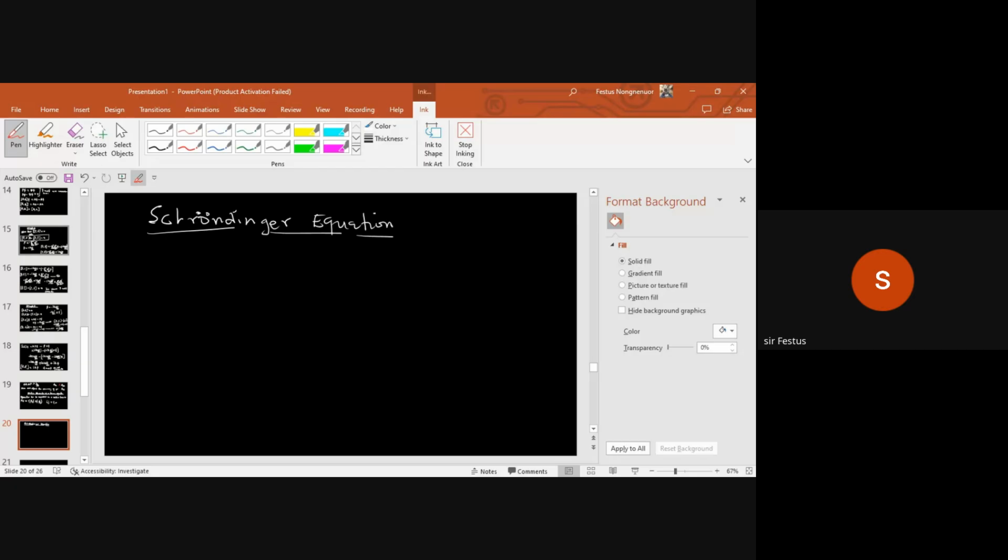Since we are saying that the Hamiltonian is equal to T plus V, we define our T as half m v squared, and this is nothing but p squared over 2m.